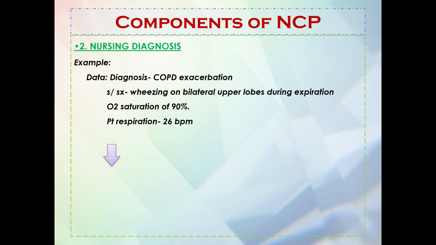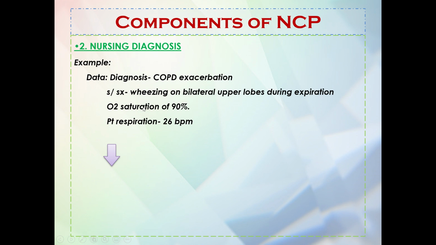Okay, so we now have here an example. So let's start. So the example, our data here, the patient's diagnosis is COPD exacerbation. COPD is chronic obstructive pulmonary disease. Okay? So ito yung diagnosis sa ating pasyente, nag-exacerbate yung kanyang COPD.